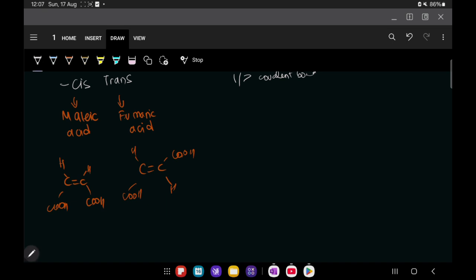Okay, so your understanding should be, and why is this called cis? When you have your groups of importance, your priority groups, they're on the same side, then you call them as cis, or you can say identical, right? You can say identical or on the same side.